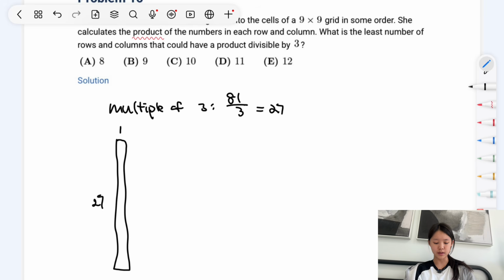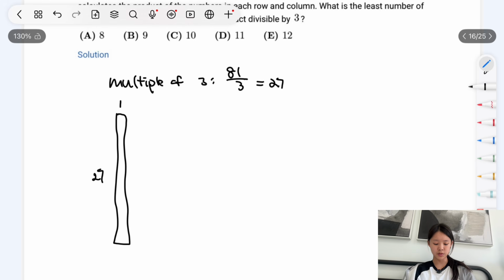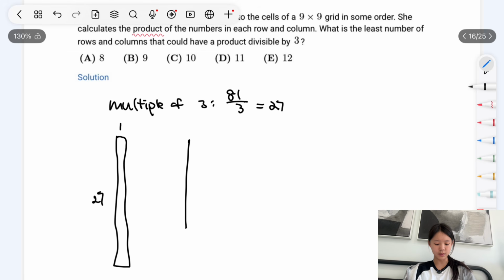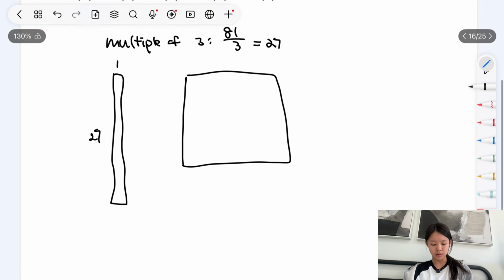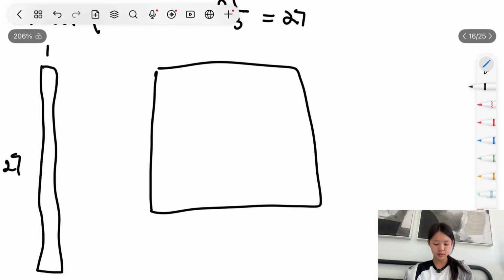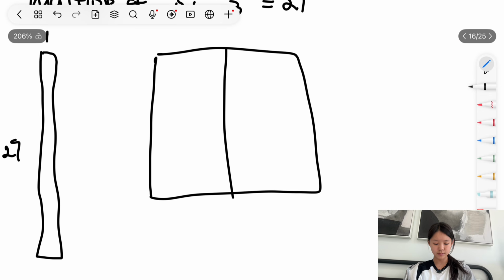But obviously that is not the best solution. So you would try and do it in a way so that it's bunched up into a kind of almost square shape. And so one way you could do this is if you had a square of 5, which is 25, and then you would have 2 additional numbers along some side of this.